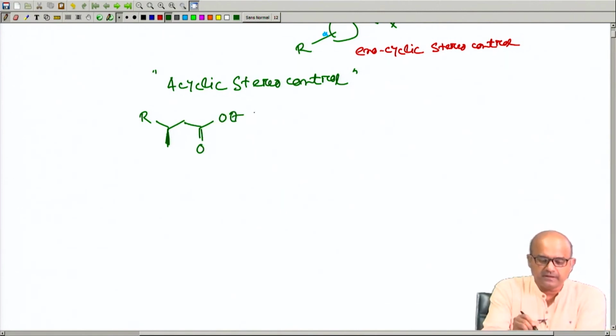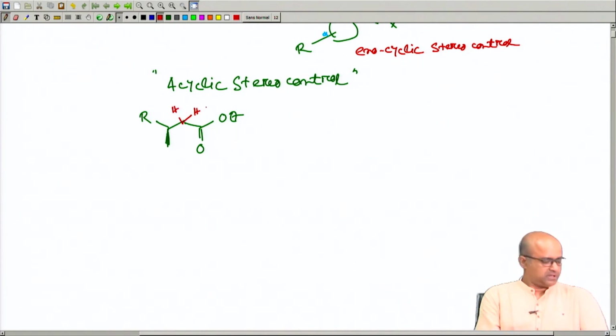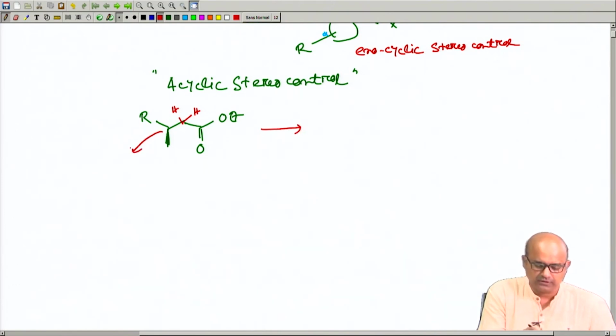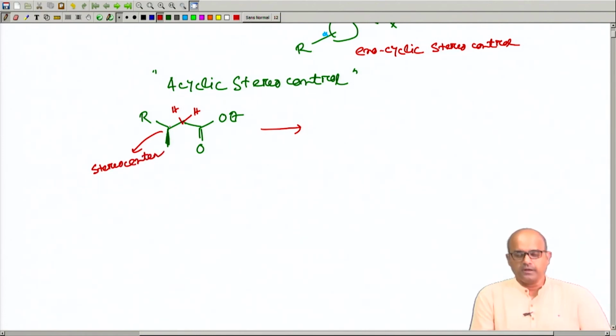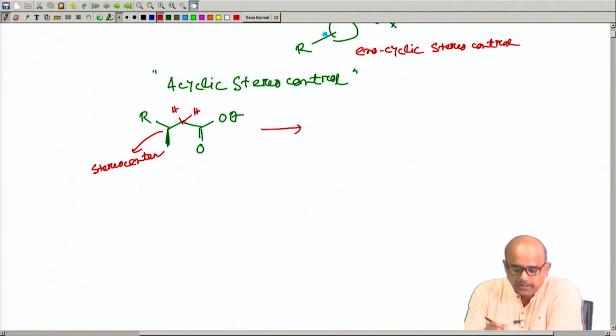It means you have an acidic hydrogen which you want to abstract with a base, and you have a pre-existing stereocenter. This is your pre-existing stereocenter. This stereocenter should control the newly generated asymmetric center.